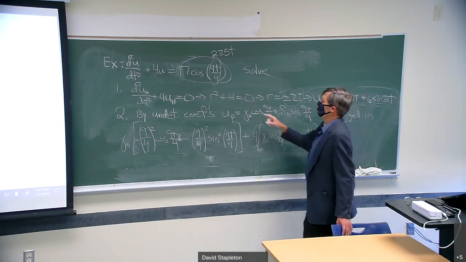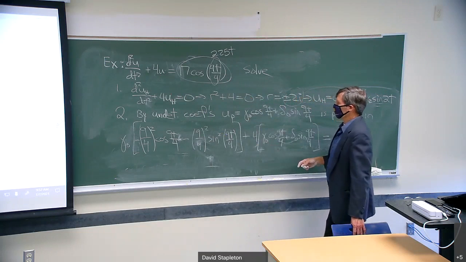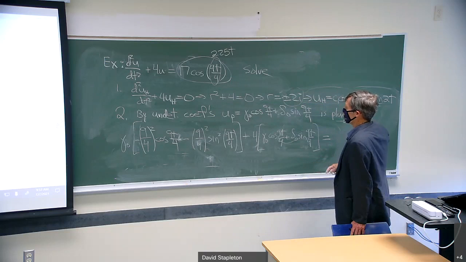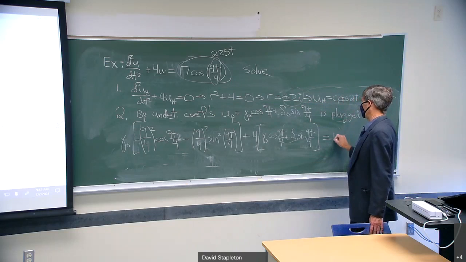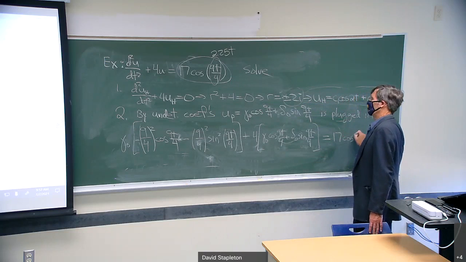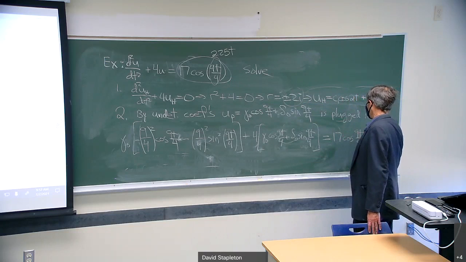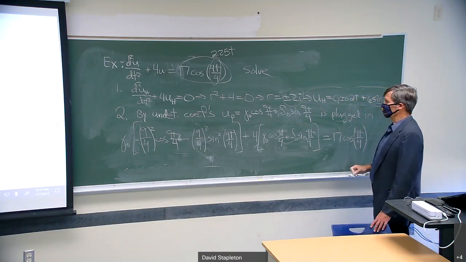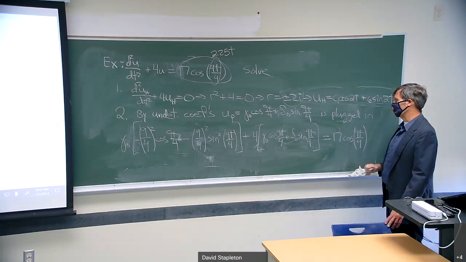And all that has to add up to what we see on the right-hand side, 17 cosine 9t over 4. And undetermined coefficients guarantees us there are some numbers, gamma 0, delta 0, for which this works.